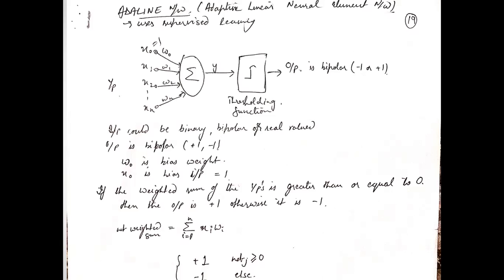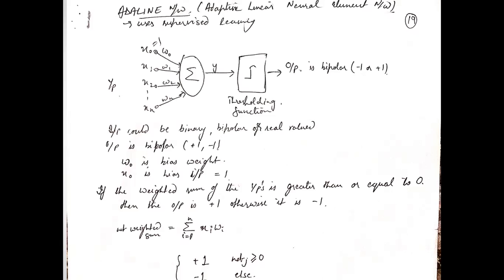If you are not able to understand the non-linearly separable problem, you can just go and watch my previous lectures. So today's topic is the Adeline network. Firstly, Adeline network stands for adaptive linear neural element network. This is the full form for this particular network. This is again an architecture which was designed to solve this problem.